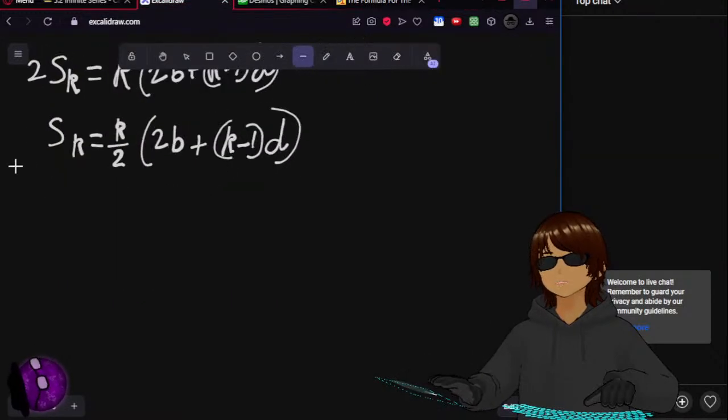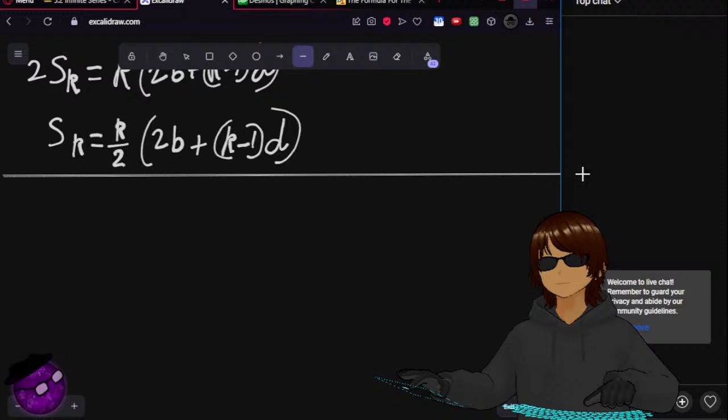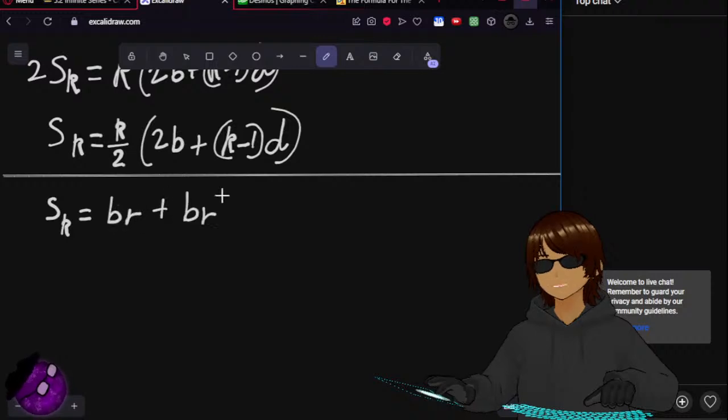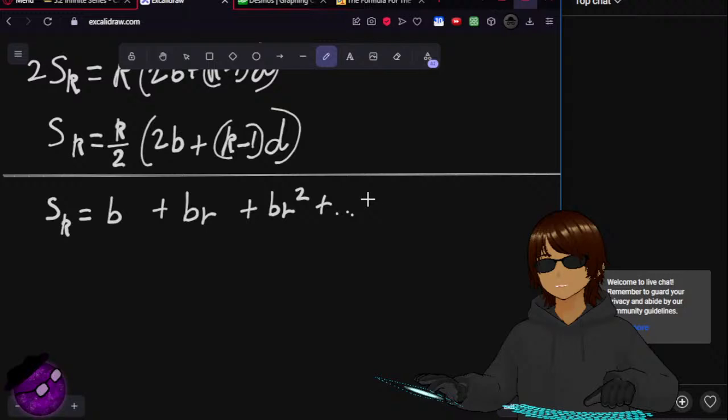Okay, as for the geometric series, s_k is equal to b plus br plus br squared, up to br to the k minus 1.